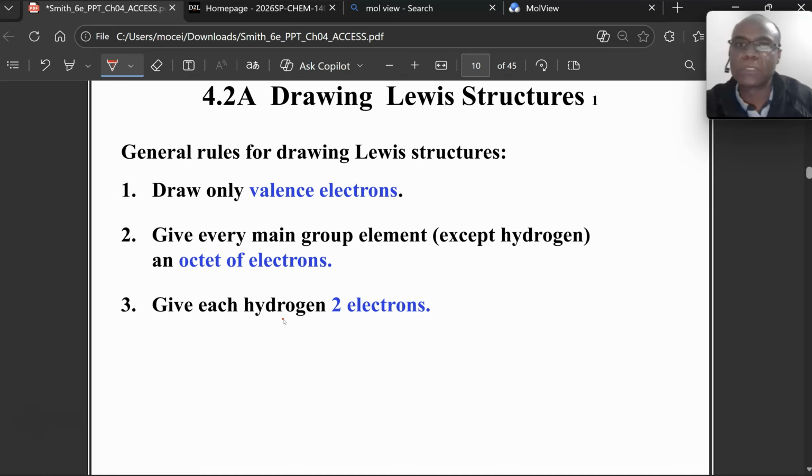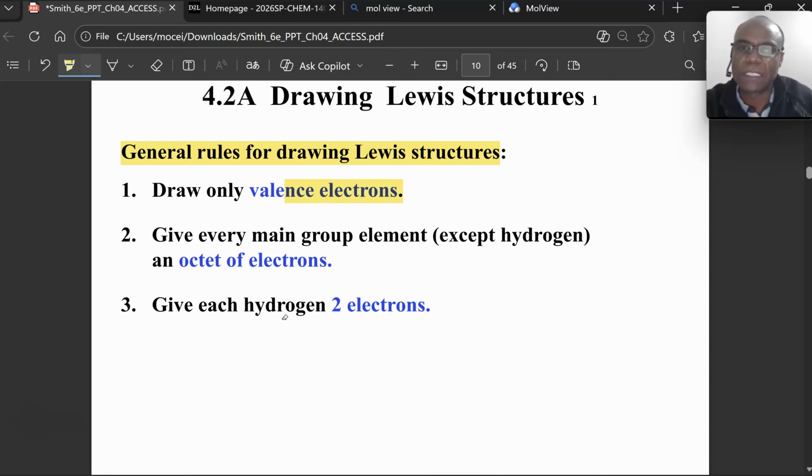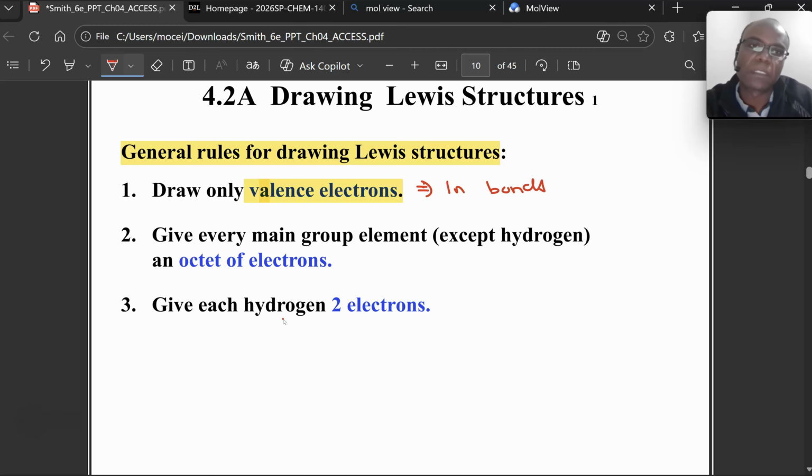There are general rules for drawing Lewis structures. Draw only valence electrons, and that means you use valence electrons in bonds and lone pairs.